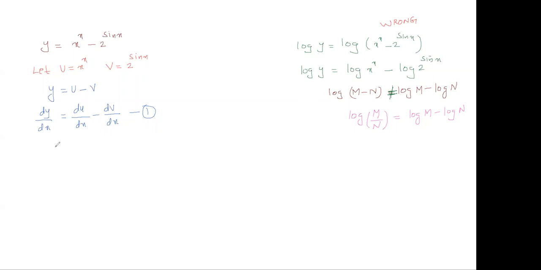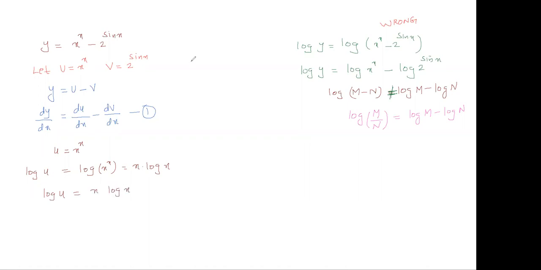So u is equal to x to the power x. Take logarithm on both sides. So log u is equal to log x to the power x. Here we apply logarithmic differentiation. Log x to the power x is power into logarithm of the base. So log u is equal to x log x.